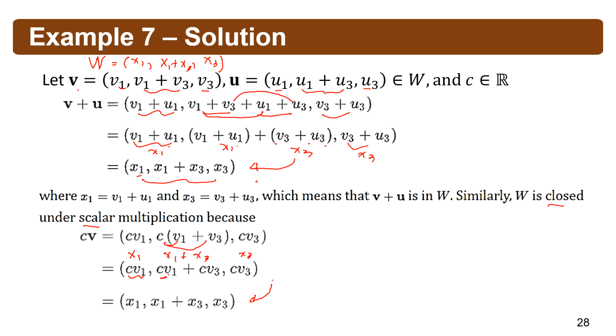Okay? Again, you have to consider the given form. And whenever you are adding or you are taking the scalar multiplication, you have to go back to its form by, of course, representing the given in a single variable for you to easily show that it is a subspace or not.